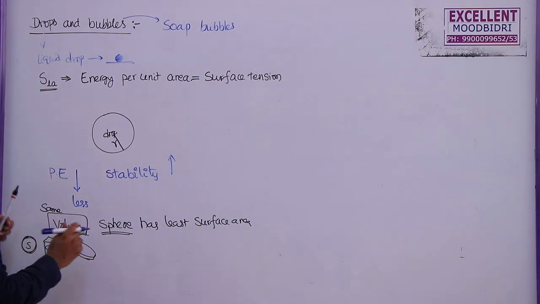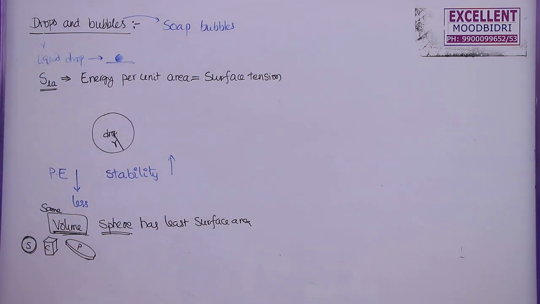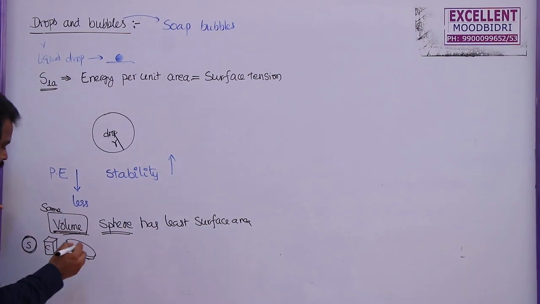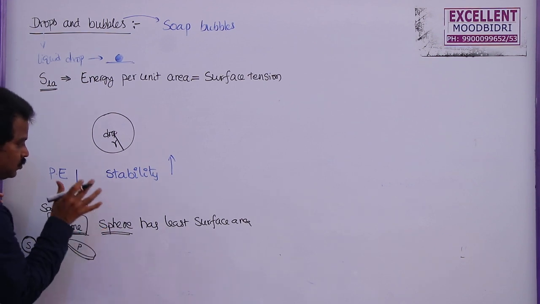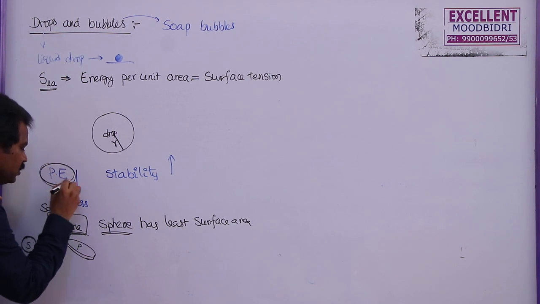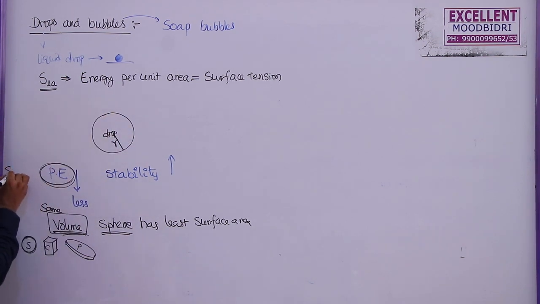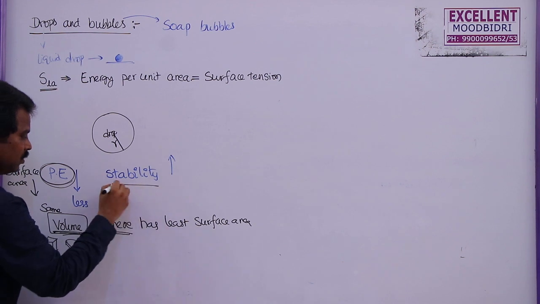So from this, to gain less potential energy, if the surface area is less, then stability will be more.